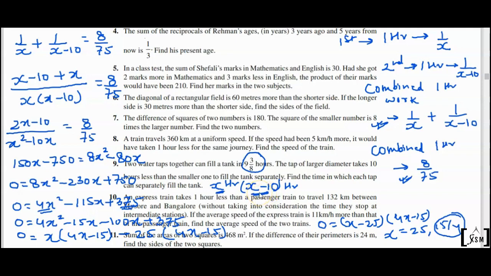So time taken by the tap cannot be negative. That is why x value 15 over 4 is not possible. So the only possible answer is 25. So the time taken by the two taps are 25 and 15 hours. So my answer is 15 and 25 hours.